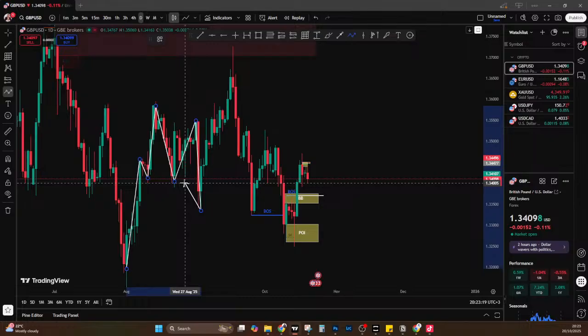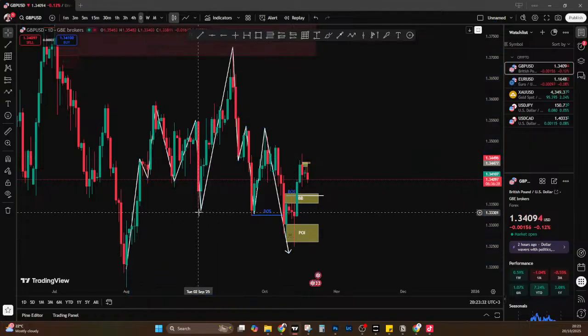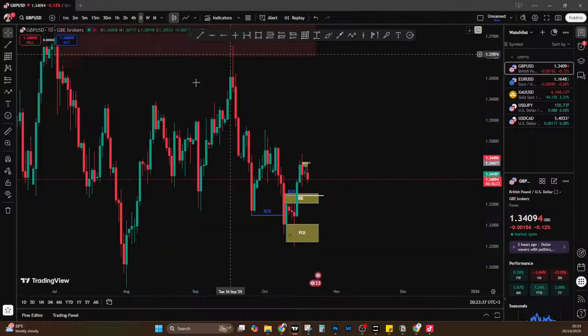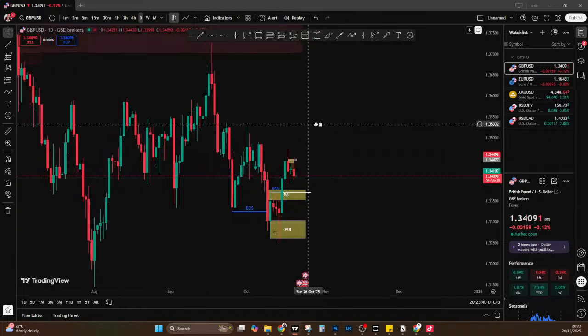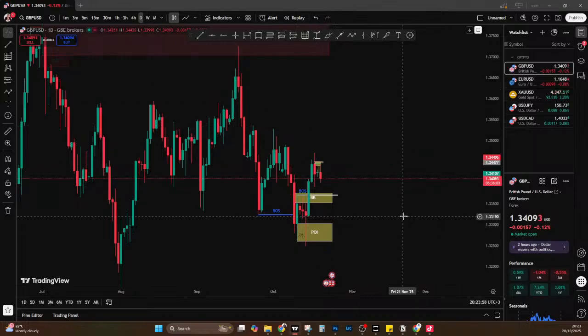But we cannot determine that this is a downtrend until this low is taken. So we went back up, came down, went up, came down, went up, until now this low was taken. Now that tells you that the market has shifted structure. We are now in a downtrend. When the market takes the previous protected low, the market shifts to a downtrend. When the market takes the previous protected high, the market now changes to an uptrend. Yeah, that is how it is easier to do that.